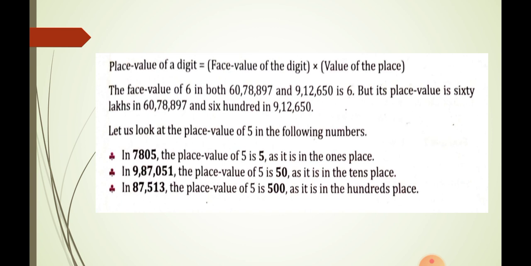Let us look at the place value of 5 in the following numbers. First, in 7,805, the place value of 5 is 5 as it is in the ones place. Then in 9,87,051, the place value of 5 is 50 as it is in the tens place.